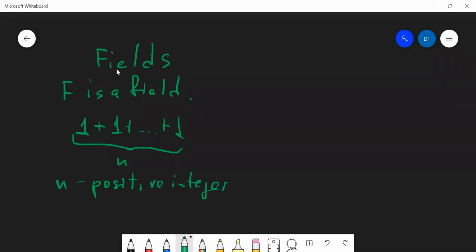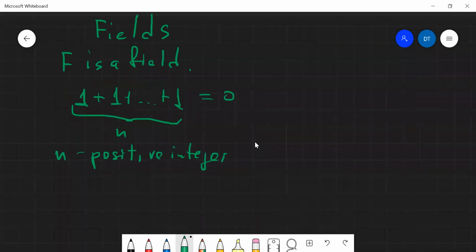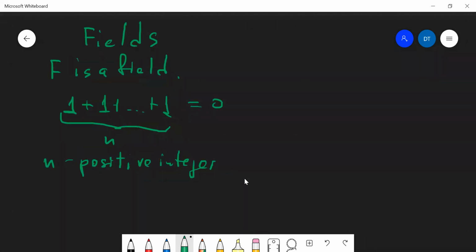Well, it may happen that after several iterations, we will get 0. So this leads to the notion of a characteristic of a field.